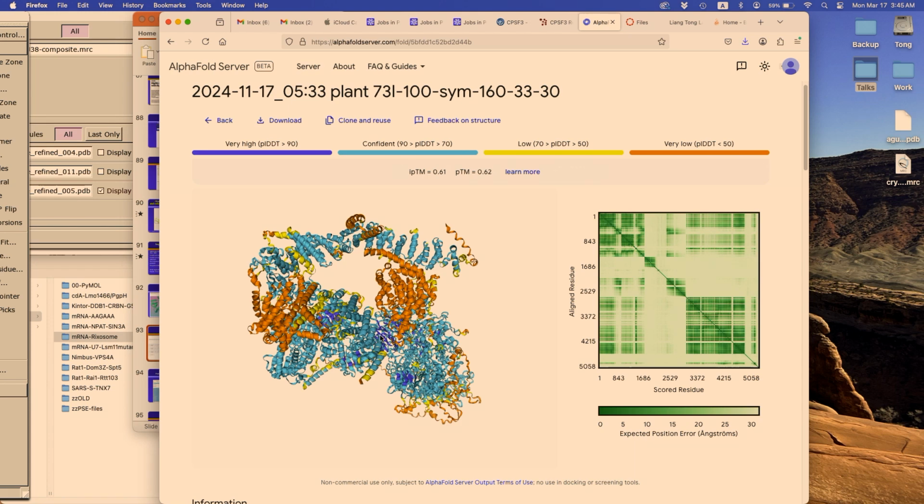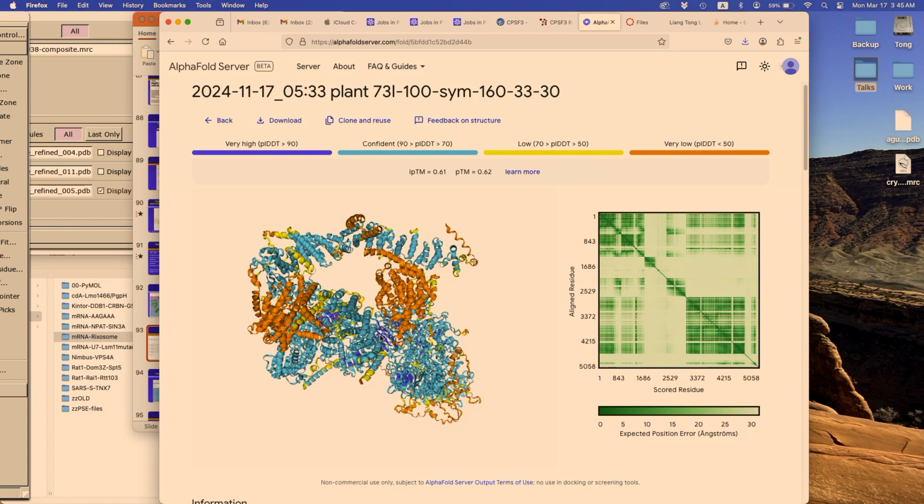So you can see that this is a complex of several different proteins. How many are there? Plant protein, 1, 2, 3, 4, 5, 6 proteins. So these are 6 different proteins. You can see there's some contact between this protein and that protein, because off diagonal is the interaction. And then within this protein, a lot of interaction. But then this part, there's really not much interaction.